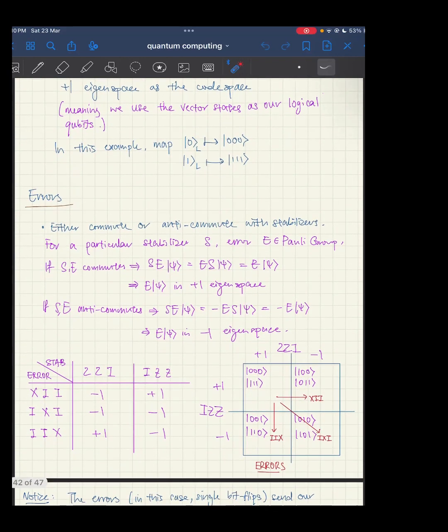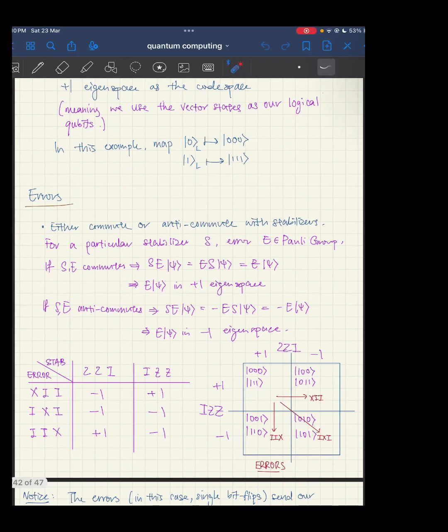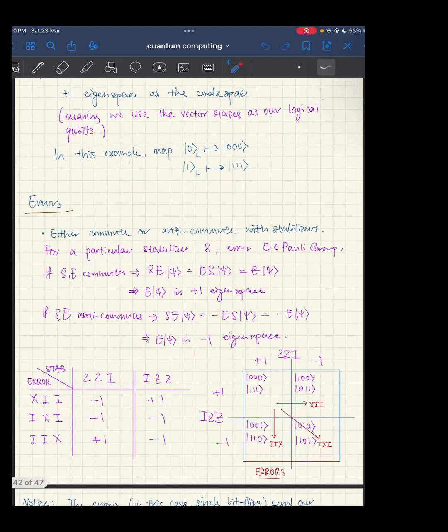Now for errors, this is where we use the specific property from earlier, where Pauli operators either commute or anti-commute. First of all, we note that the errors belong to the Pauli group, since we can always decompose an error as a linear combination of Pauli operators on a single qubit.